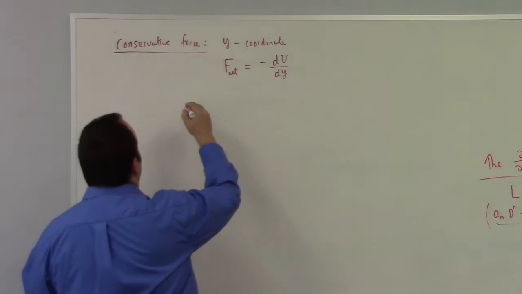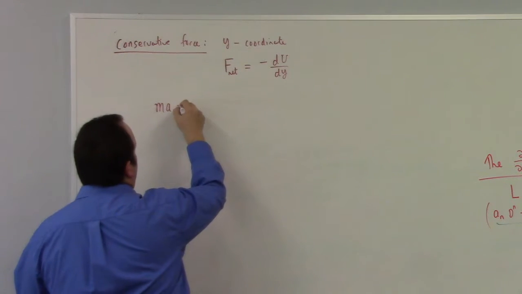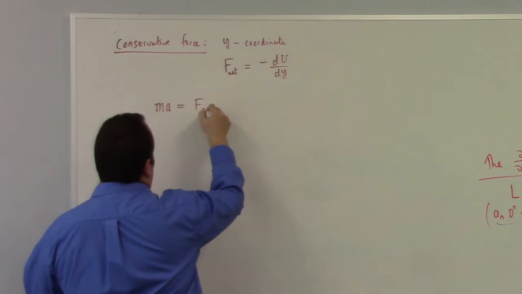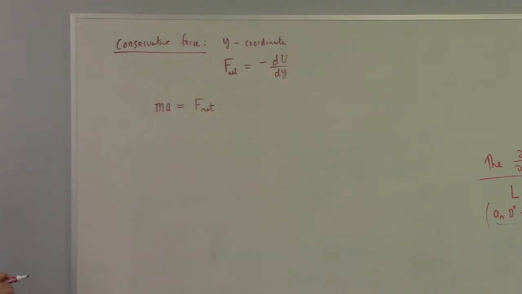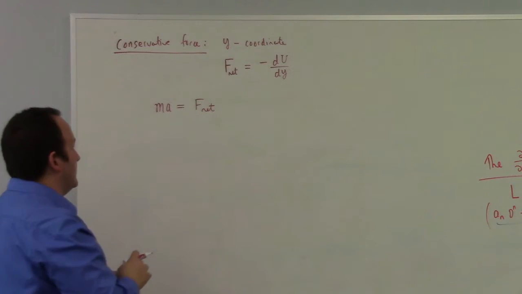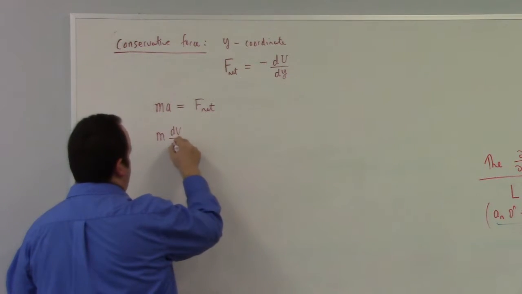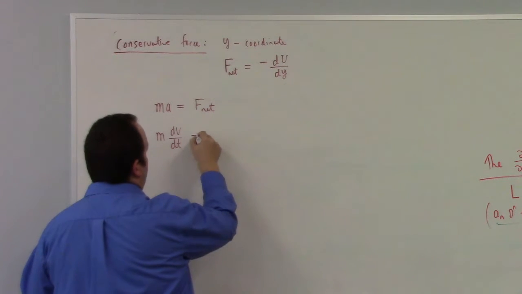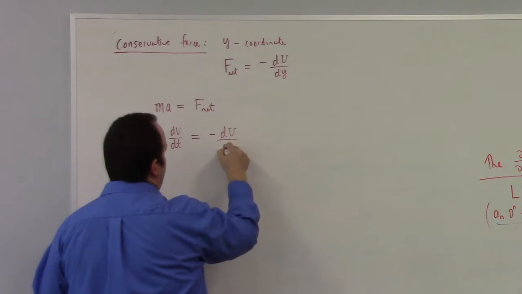And so if you look at Newton's second law, which is what? Ma equals the net force, right? What does this become in the case of a conservative force? Well, this becomes m dv dt equals minus du dy, right?